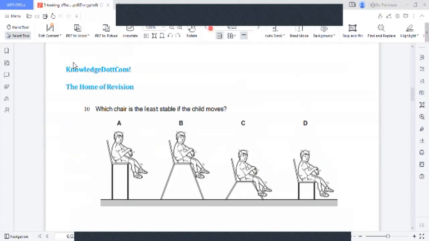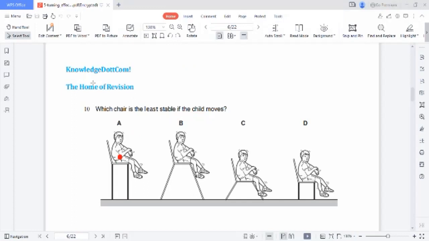Number 10. Which chair is the least stable if the child moves? Now again we are going to apply both possibilities, the base area and height of center of mass. Suppose this is the center of mass in a boy. Suppose here is the center of mass.